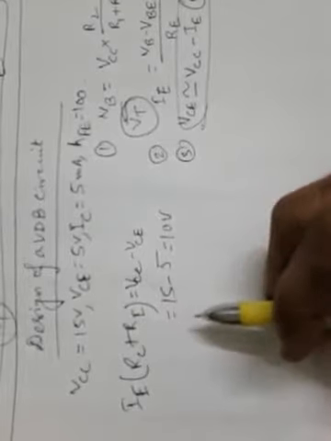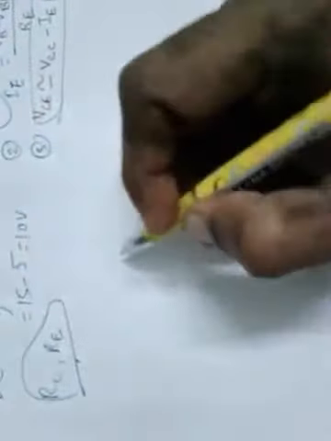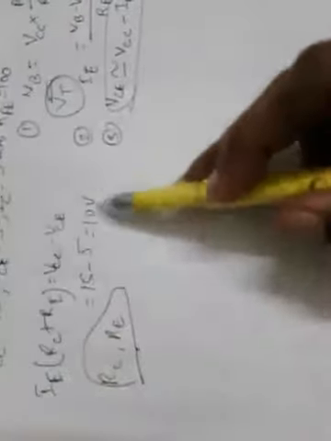In this case, it is assumed that the resistances RC and RE are so selected that this total voltage drop of 10 volt is equally divided across the RC and RE resistances.